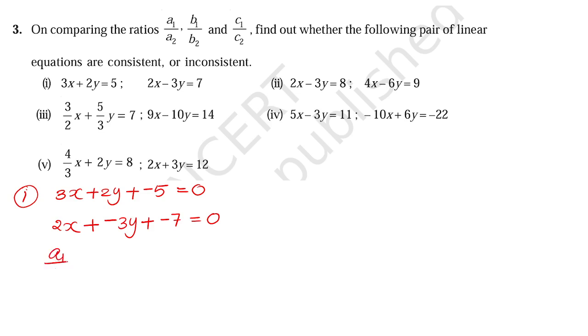The first ratio is denoted by a1 by a2, which is 3 by 2, correct? The second ratio is b1 by b2, which is 2 by minus 3, correct?